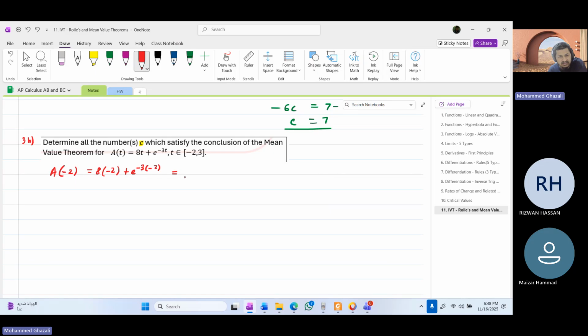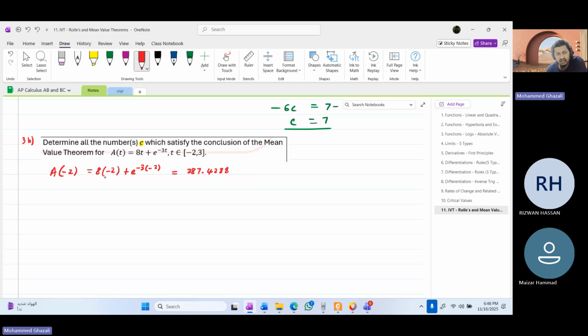Can someone give us this answer? 387.428. Such a big answer, because that's e to the power 6. I want 4 decimals. We still have to round off more. 387.4288.